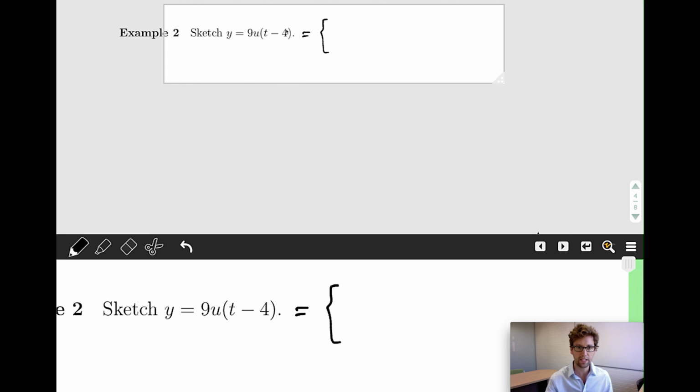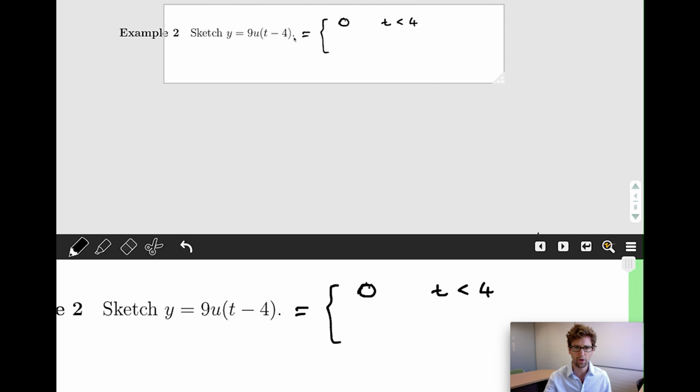So we know that when t is less than 4, this argument will be negative, so my Heaviside or my step function will be 0. So 9 times 0 is 0. So this function will be 0 when t is less than 4. When t is greater than or equal to 4, my argument here is positive, so my Heaviside function is 1.